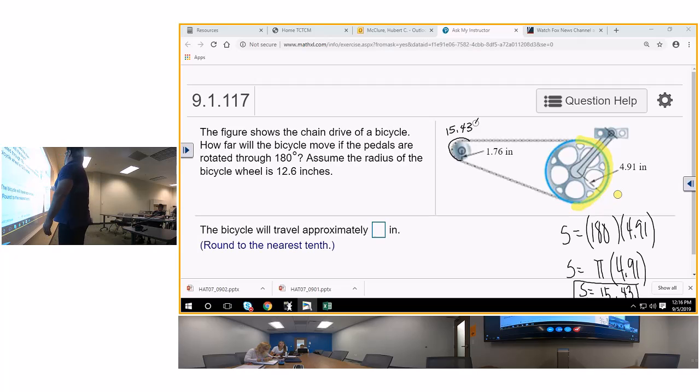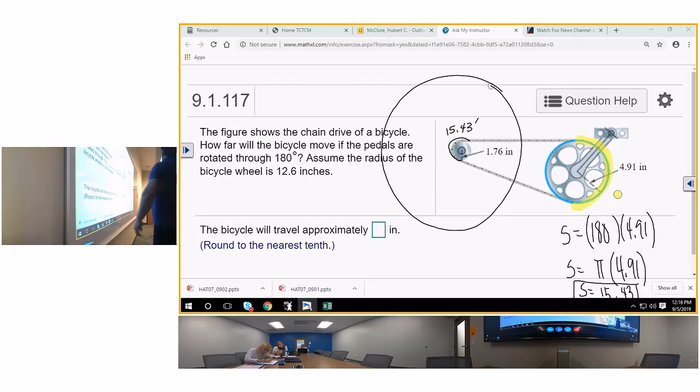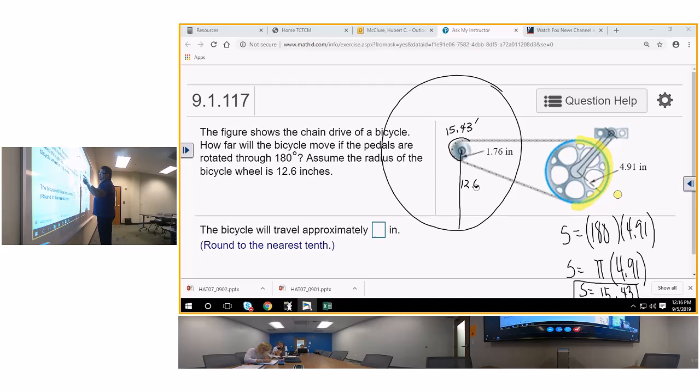Okay, now remember, there's your bicycle wheel, and I'm assuming the radius here is 12.6 inches. So the distance that we traveled here, we've got to find what? What matches on this wheel?